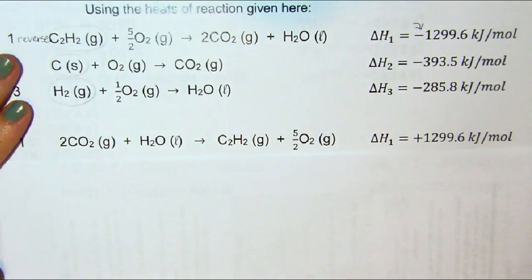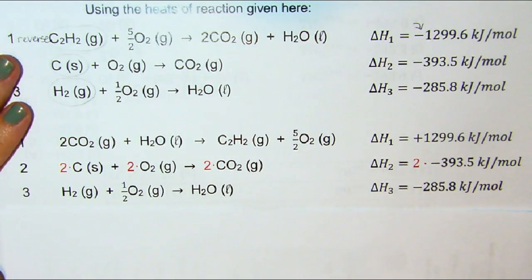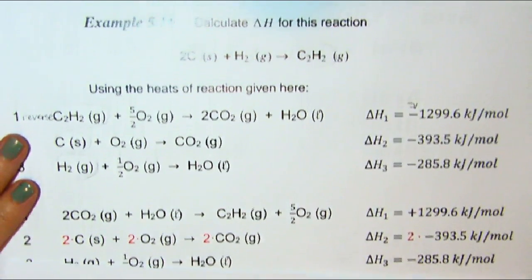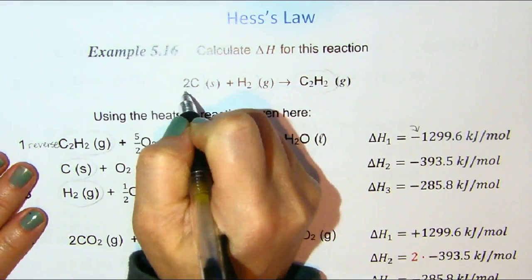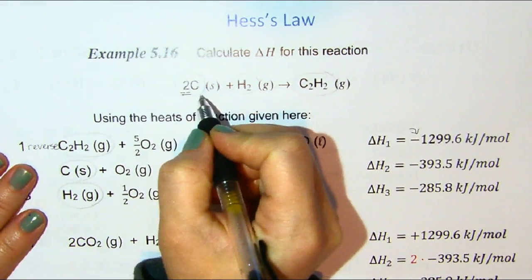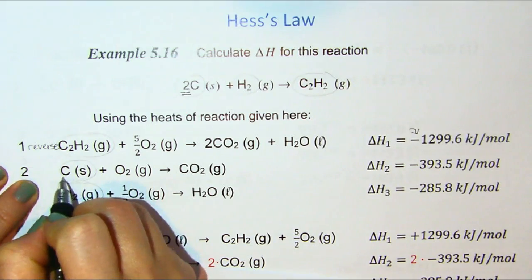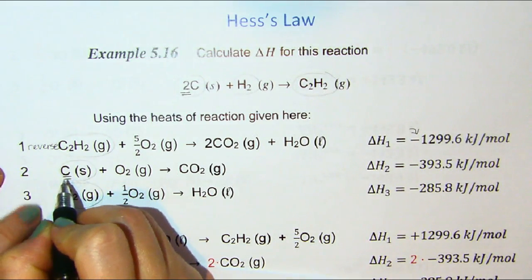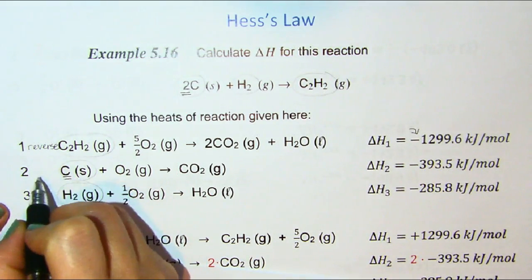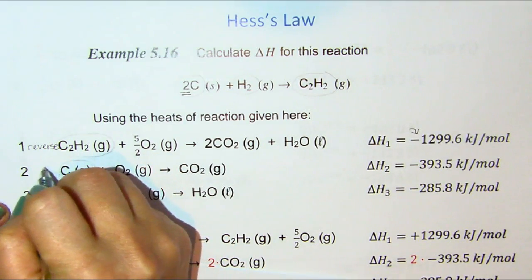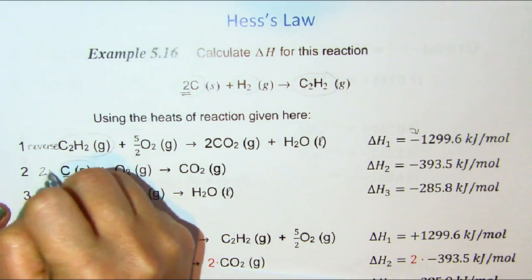Okay, the other two reactions do not need to be reversed. However, if you'll notice here, there's a coefficient of 2 in front of carbon, and here we do not have a coefficient of 2. So what that indicates is I'm going to need to multiply all of this reaction by 2.